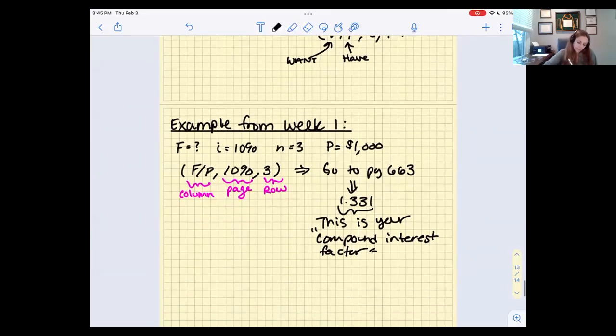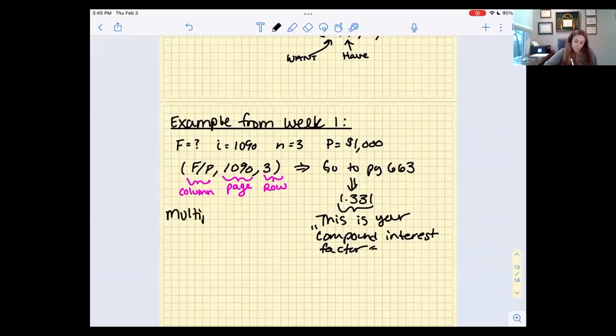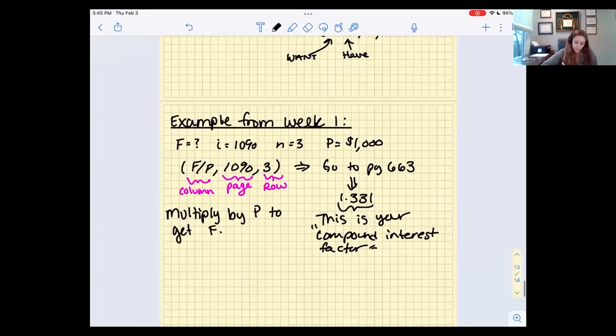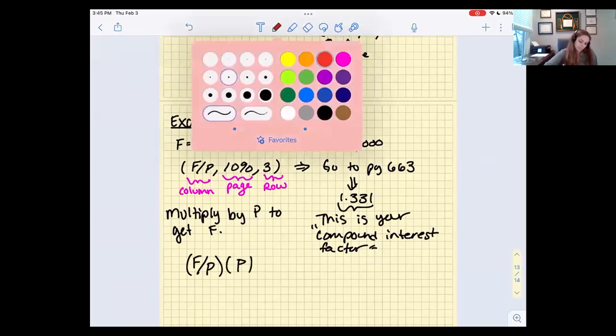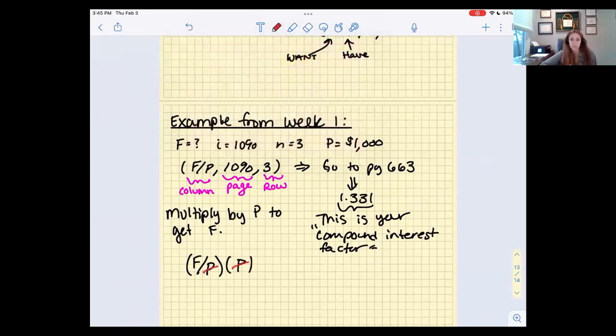So all we have to do is multiply by P to get F. And visually, you could think of it this way. We have some number F given P. Think of it as a fraction. If we multiply by P, then the numerator and the denominator cross off. And you are left with F, which is what you want.